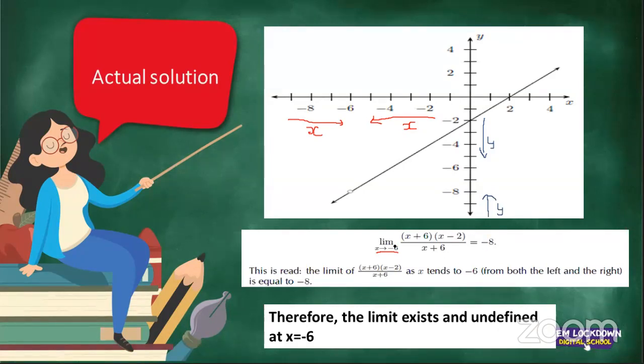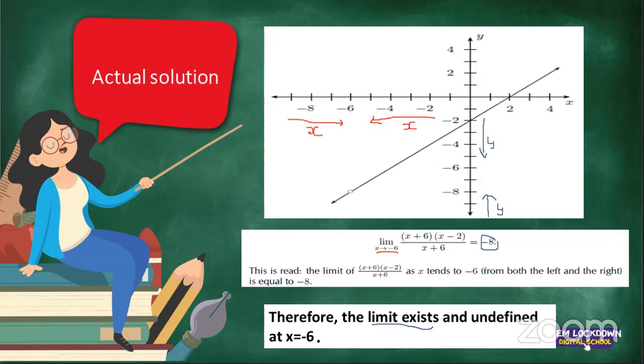But then if you substitute the value of -6, you will get a value that's undefined. So that's why we say the limit exists, because when you approach from the left and right, you approach 8, but then at that point it is not defined. So you don't get an exact value of y at this point.